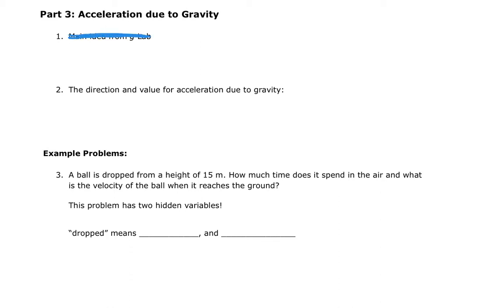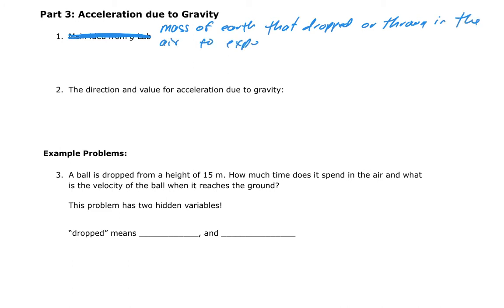But gravity, as you may know, is caused by the mass of the Earth. So the mass of the Earth will cause anything that's dropped or thrown into the air to experience an acceleration. And in the G-Lab, we actually measured that acceleration, but we didn't have time for it this year.